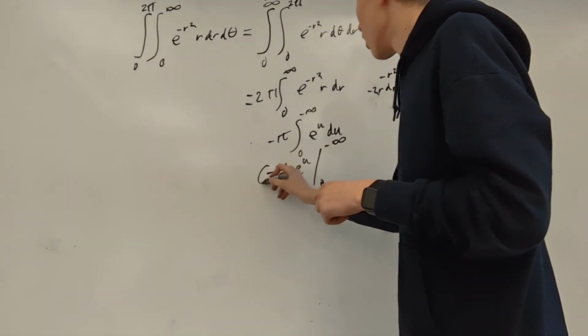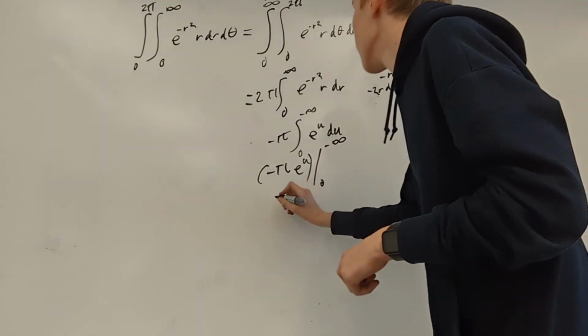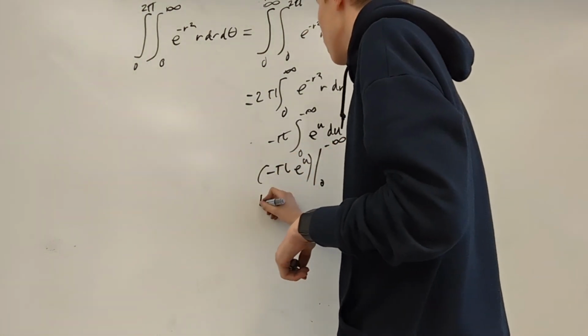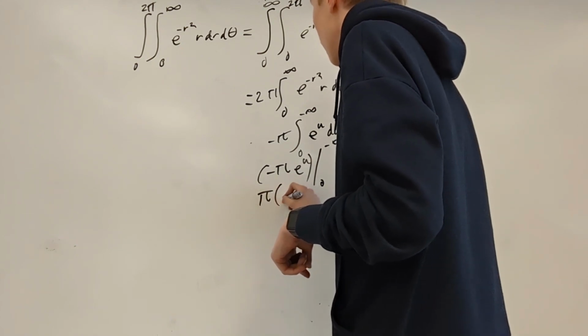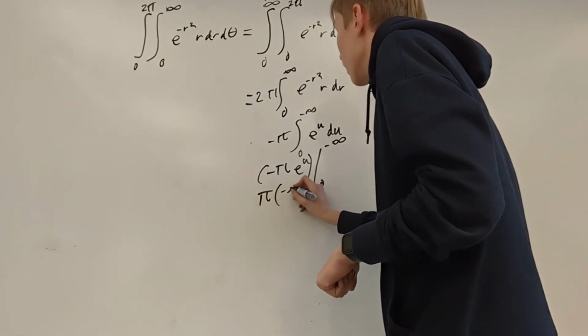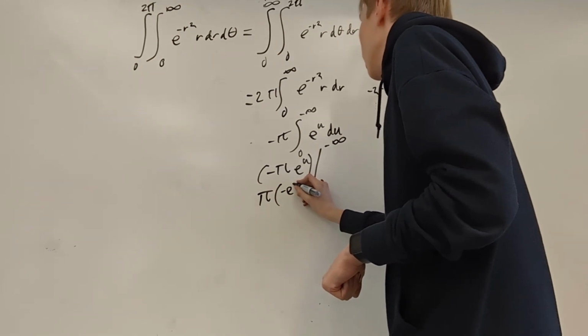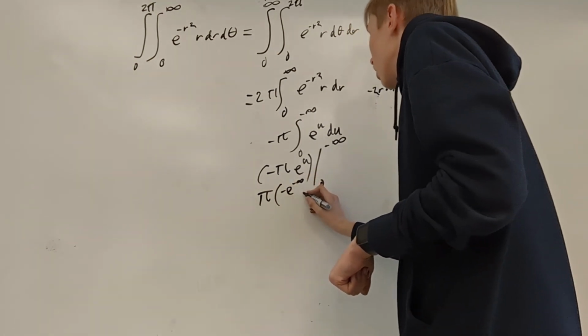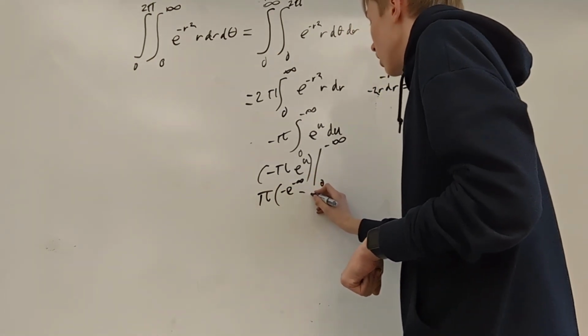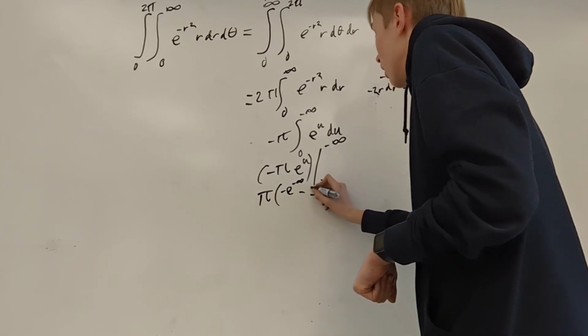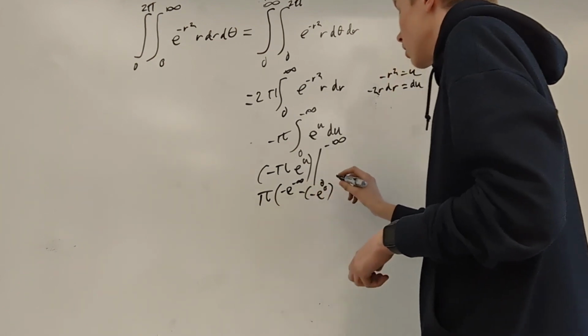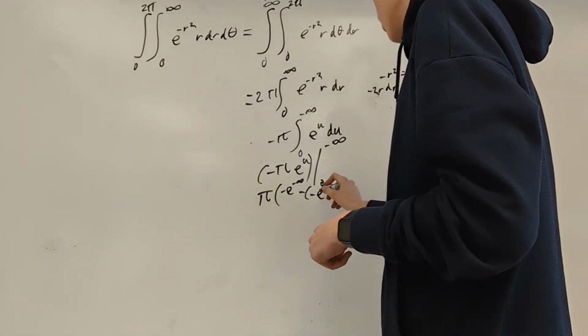And what we will see is we can factor out pi. We will get pi times negative e to the negative infinity, which will be 0, minus negative e to the 0. And now this will of course be 1.